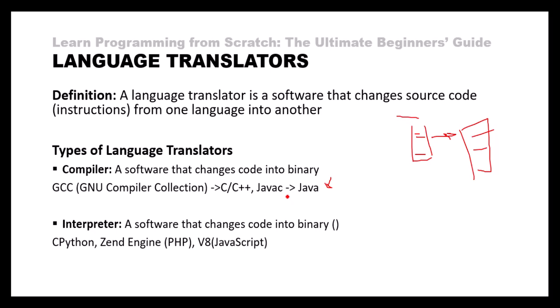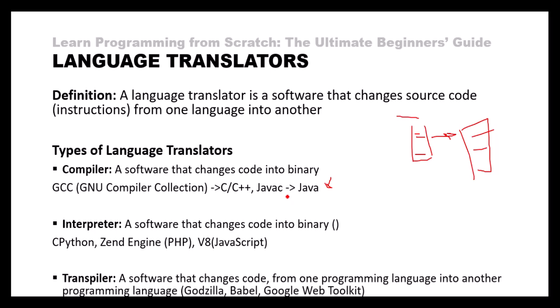Examples of interpreters are the CPython interpreter. You know that Python is not a compiled programming language, but rather it is changed into binary using an interpreter software, not a compiler. We have the Zend engine that works in PHP, and we have the V8 engine that works in JavaScript. There are so many of them, but I'm just giving the popular examples.